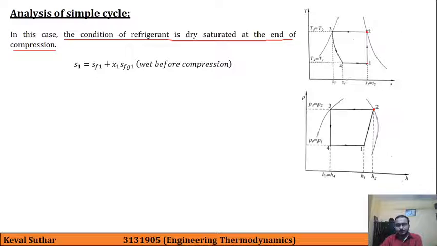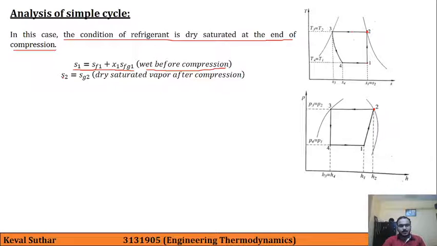S1 will be given by the formula S1 = SF1 + X1 SFG1, that is, wet before compression. Next, S2 = SG2, so dry saturated vapor after compression, because this is purely dry saturated vapor at the end of compression.